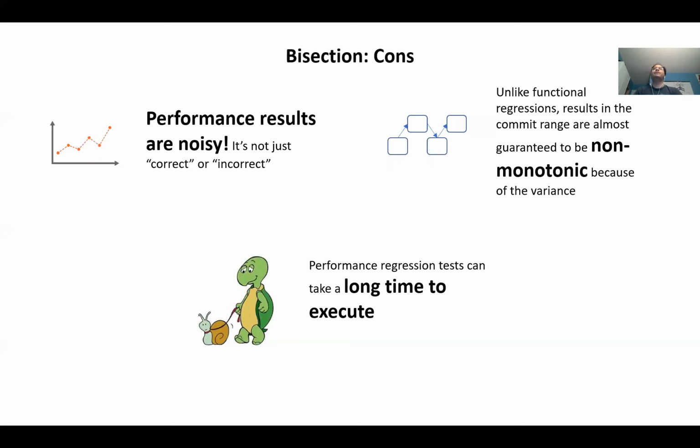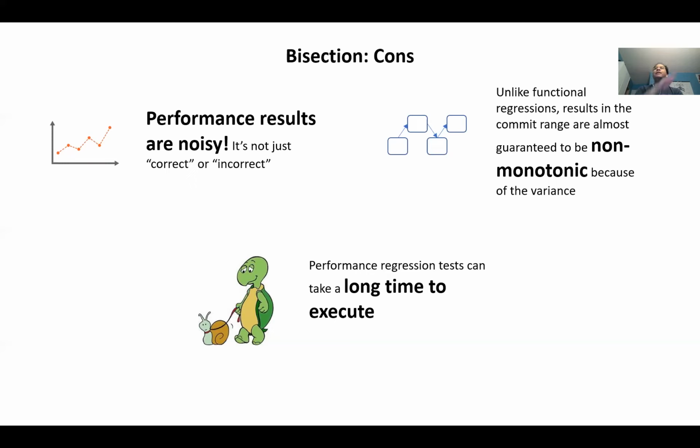It's more of a continuous variable, and it's based off of some performance distribution. So performance results are very noisy. There's a high variance, and that's going to affect your bisection. The other disadvantage, which kind of relates to the previous one, is that unlike functional regressions, the results in the commit range are almost guaranteed to be non-monotonic.